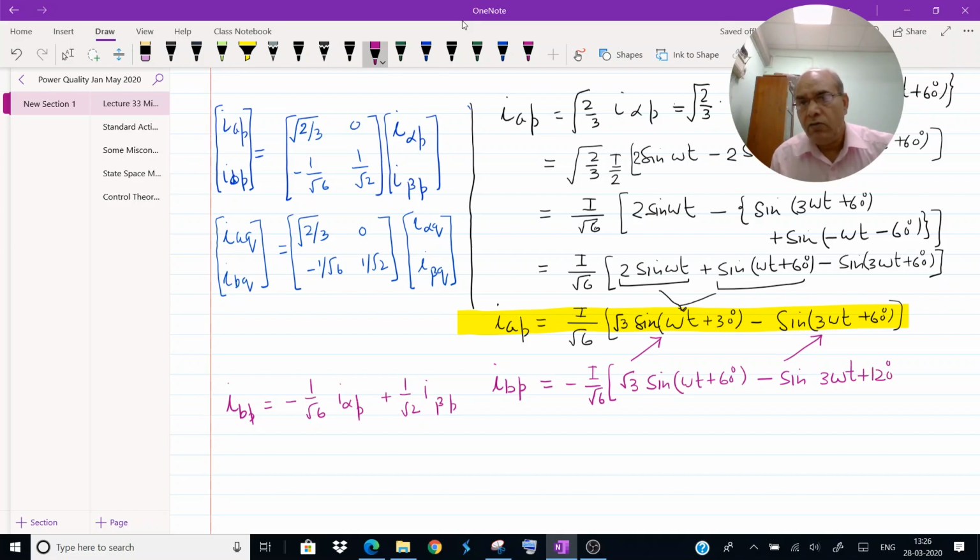Okay, I am leaving it to you to prove. It's not very difficult, the steps are similar.